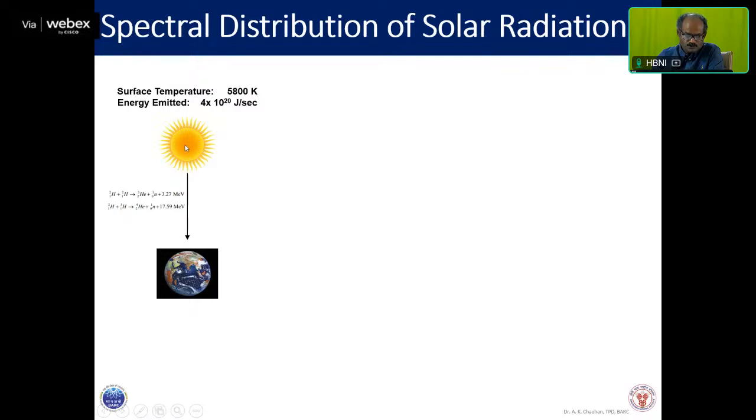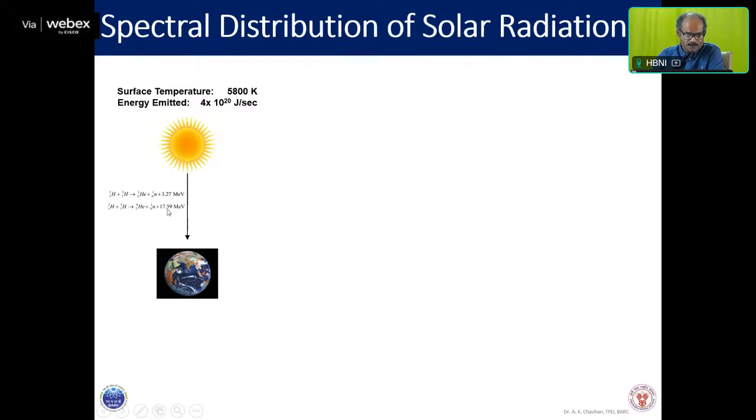And what is the source of this energy in the sun? These two reactions which are taking place inside the core of the sun. These are fusion reactions where two deuterium fuse together and give this much amount of energy. Similarly, deuterium and tritium fuse and give this much amount of energy.